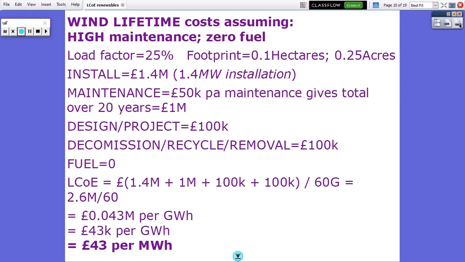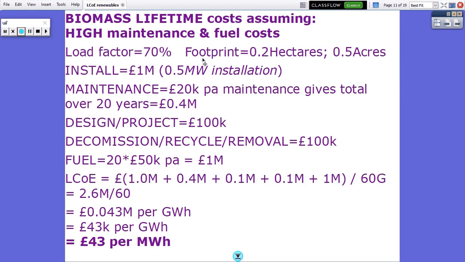Similarly, if we contrast it with biomass, do the same calculations for 0.5 megawatt installation to give us that 3 gigawatt hour per annum energy out. Estimated cost to buy the biomass steam generator and install it is £1 million.